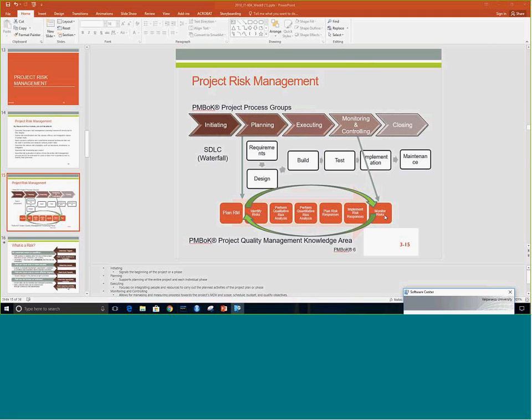And believe it or not, risk management is an ongoing process in our project. So it doesn't happen just once. We don't just sit down at the beginning of a project and say, well, these are my project risks. Woohoo! Now I know them all. No. Risk management is like stakeholder management, right?